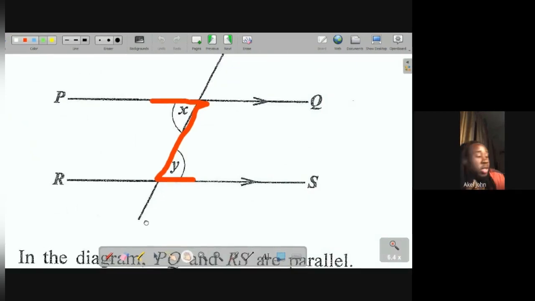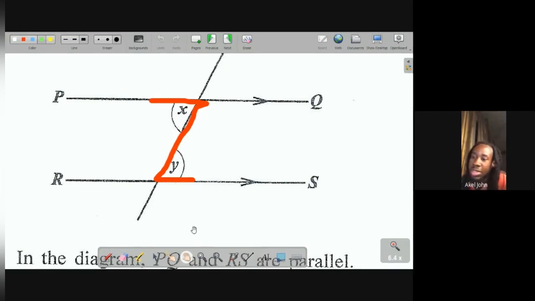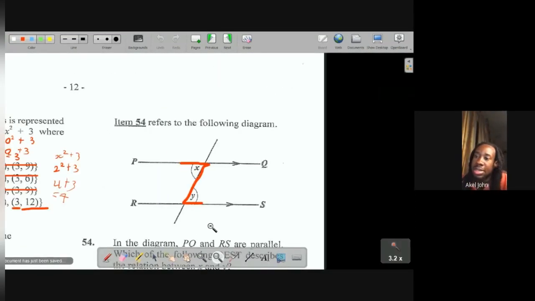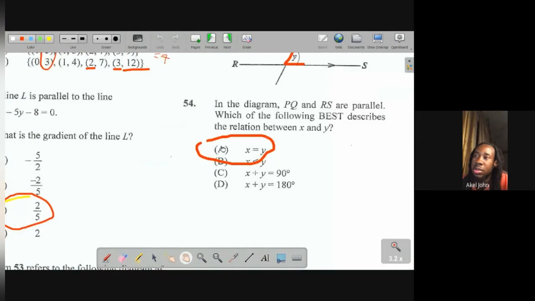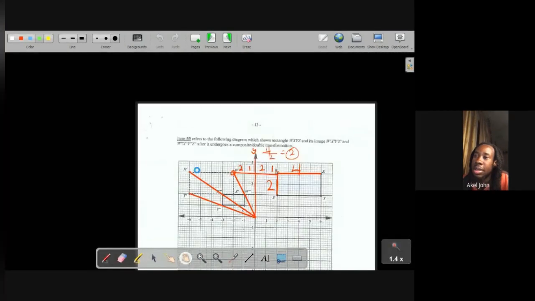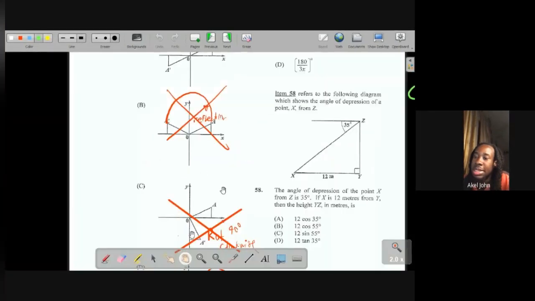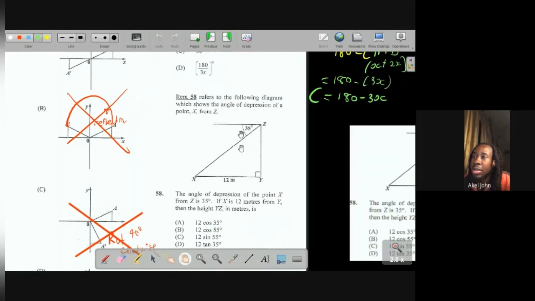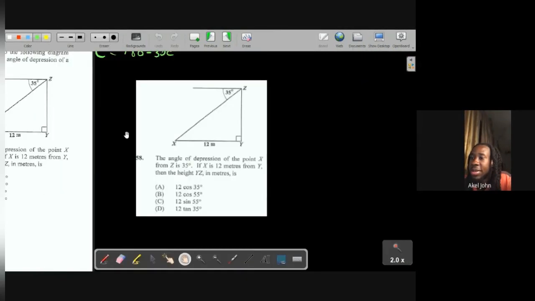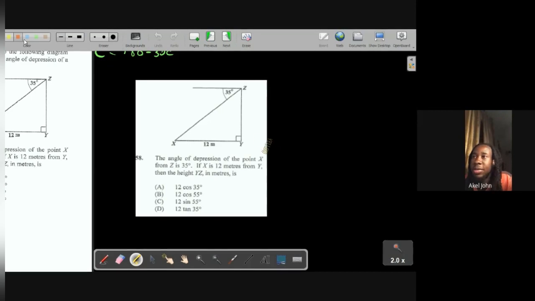This one with the two lines and the transversal. Remember what we said? That alternate angles are equal. This is the same thing. So if you look at it, highlight it, right?